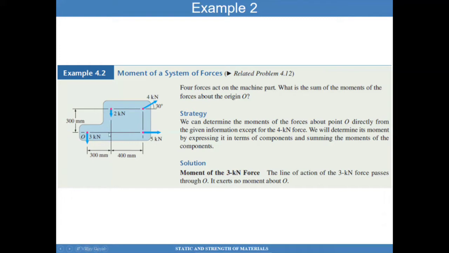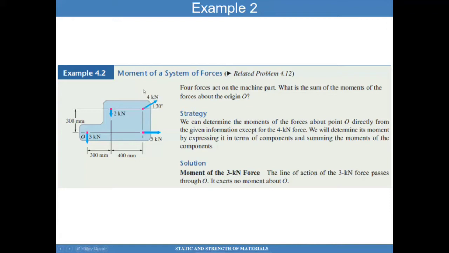You also have a moment caused by this 4 kilonewton force, which is at a 30-degree angle relative to the x-axis. What I can do about that one, I can decompose the 4 kilonewton into the x component and the y component. The 4 kilonewton times cosine of 30 degrees gives me the x component, while 4 kilonewton times sine of 30 degrees gives me the y component.